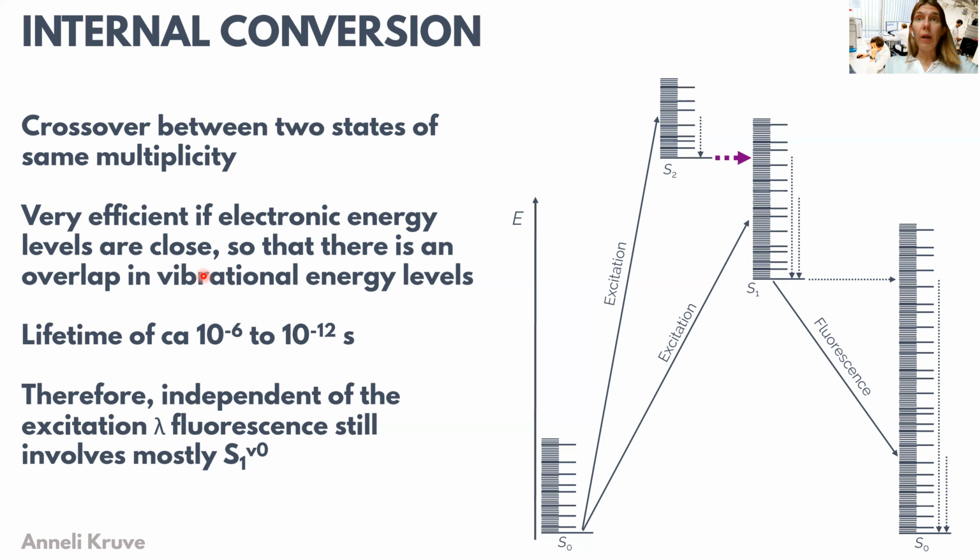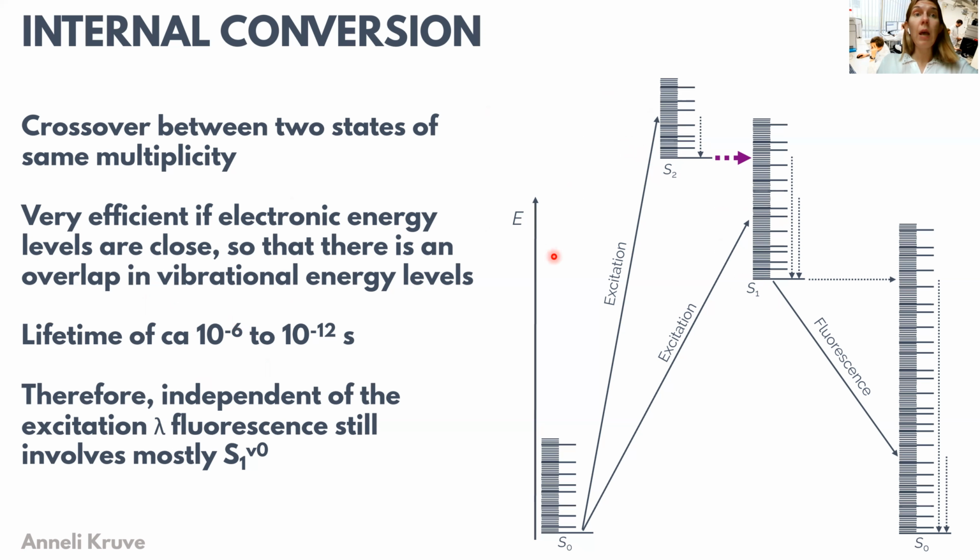The lifetimes of the S2 V0 levels that can then hop to S1 vibrationally excited levels are about 10 to the power of minus 6 to 10 to the power of minus 12. So they are slower processes than the vibrational relaxation.